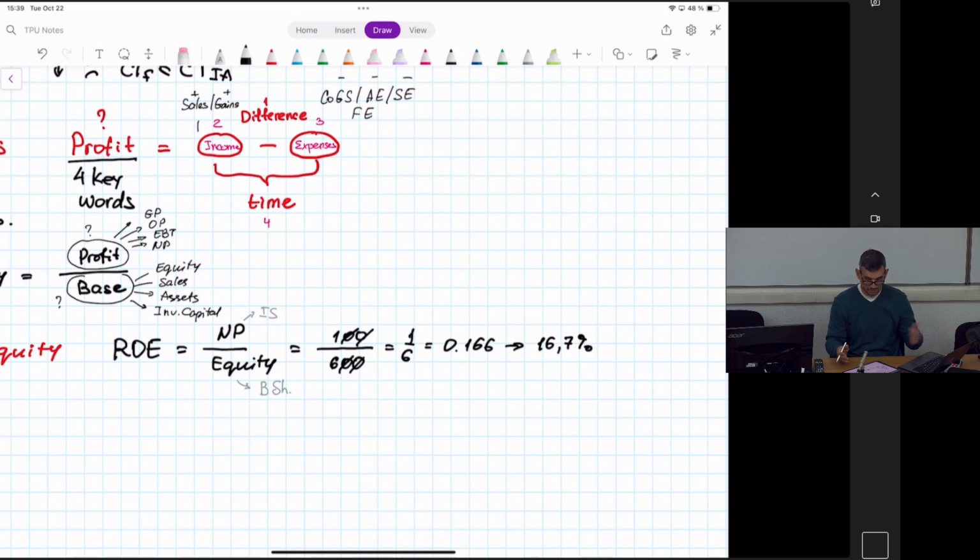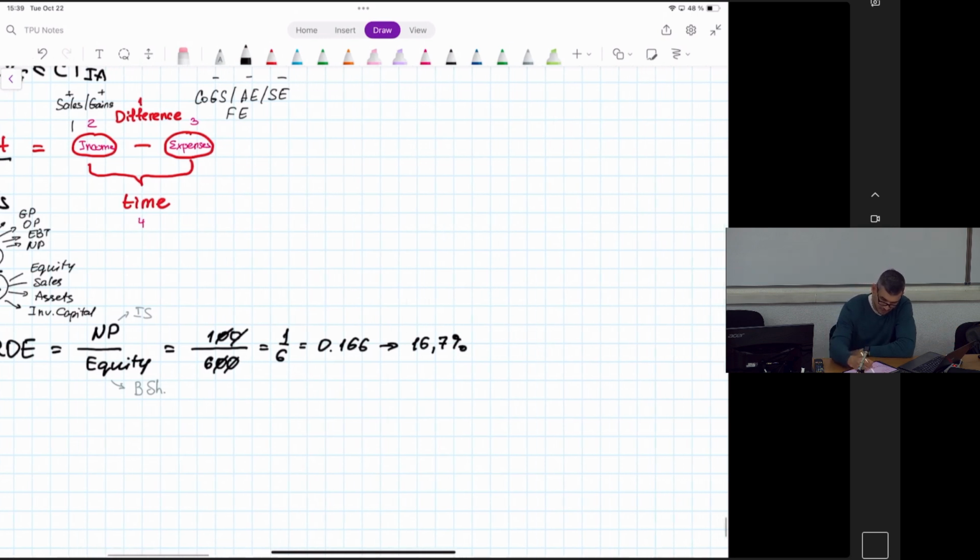Okay? So we may say that for each dollar invested in equity, or provided by the owners of the business, we generate 0.16 cents of net profit.